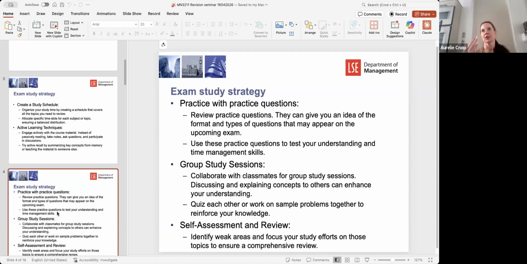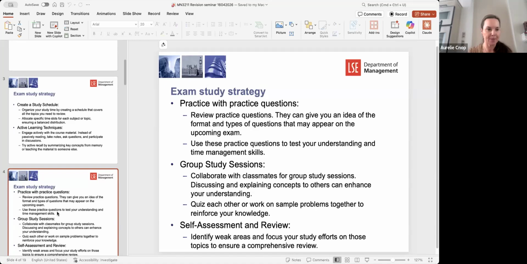You could take one topic, for example, the job demand resource model, and wonder what kind of exam question could be around that topic, right? So you have 3, 4 types of questions, and then you can answer them by yourself. That is a more active way to prepare for the exam versus just revising the slides one after the other.